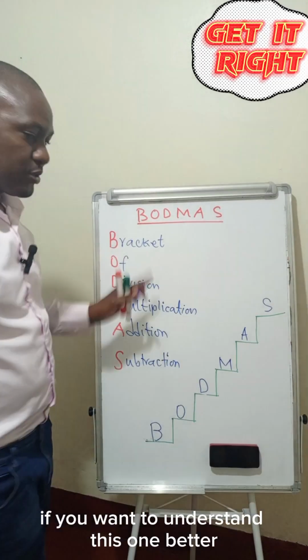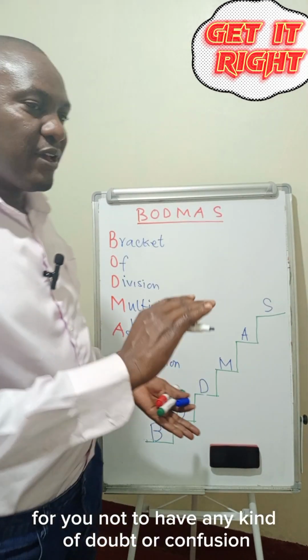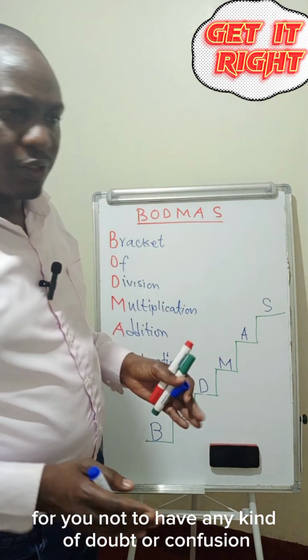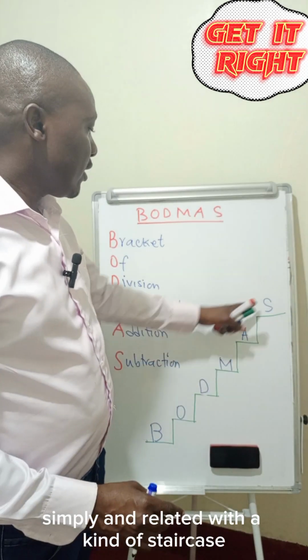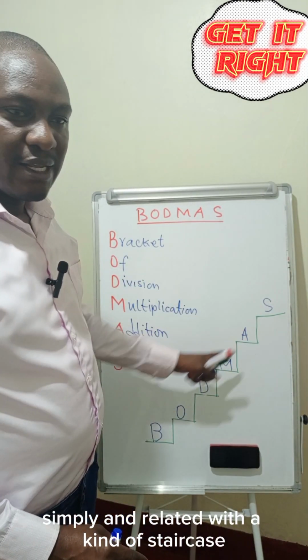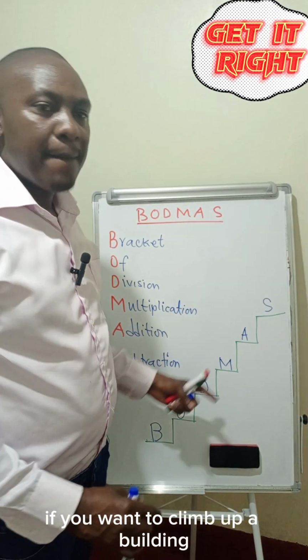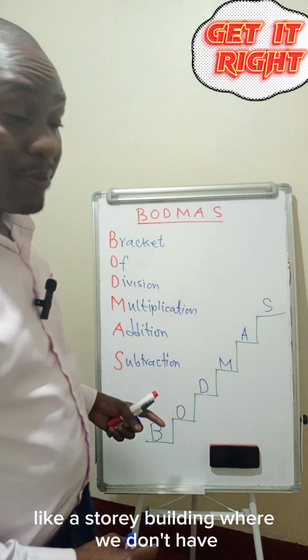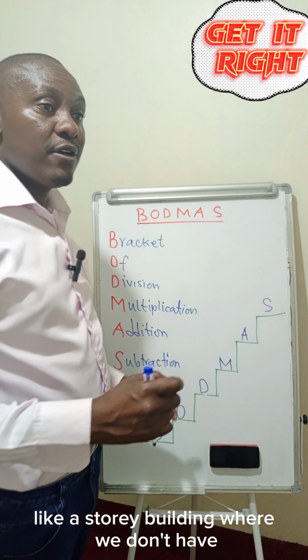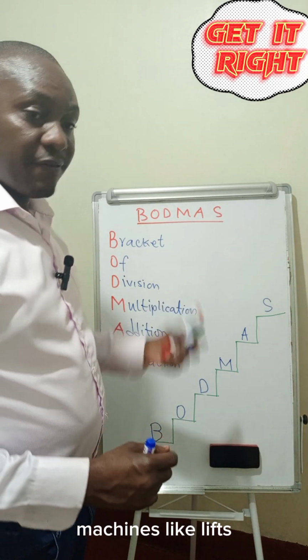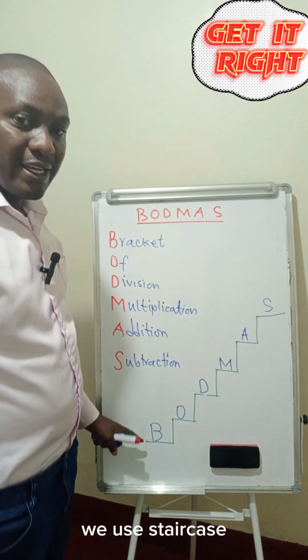If you want to understand this one better, for you not to have any kind of doubt or confusion, simply relate it with a kind of staircase. If you want to climb up a building, like a story building where we don't have machines like lifts, we use staircase.